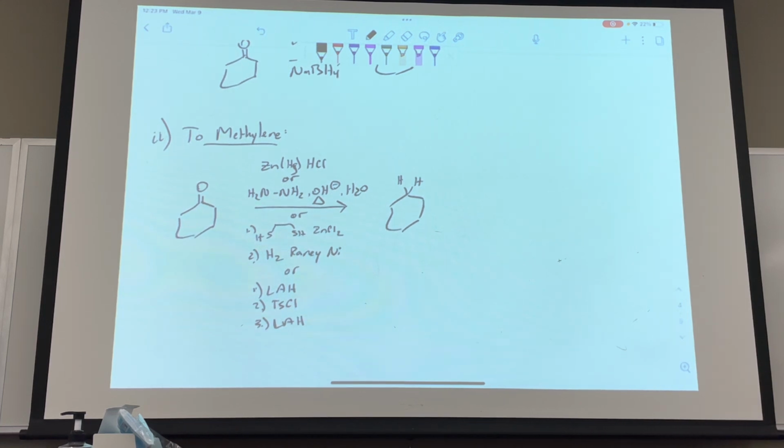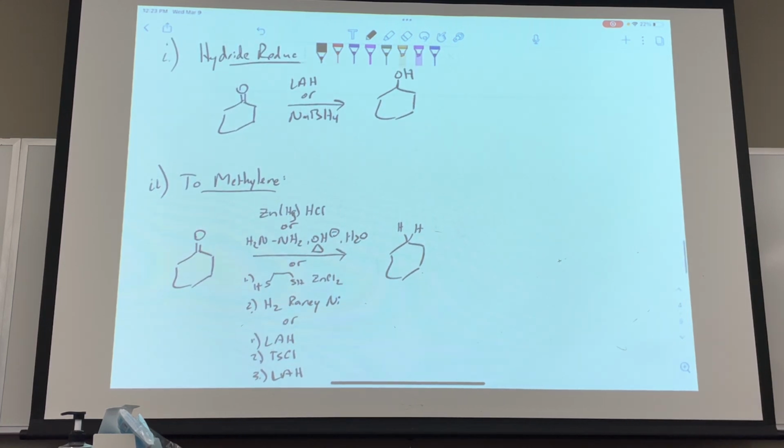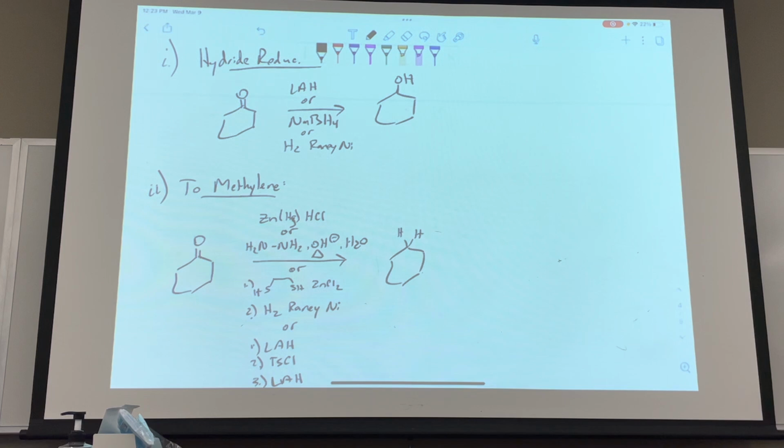One other thing, I guess I could have thrown in. It's not technically a hydride reduction, but it gives you the same functional group transformation. Oh, sorry, which one? Oh, up here, the hydrogenation and Raney nickel. On a normal ketone, it's gonna give you the alcohol.